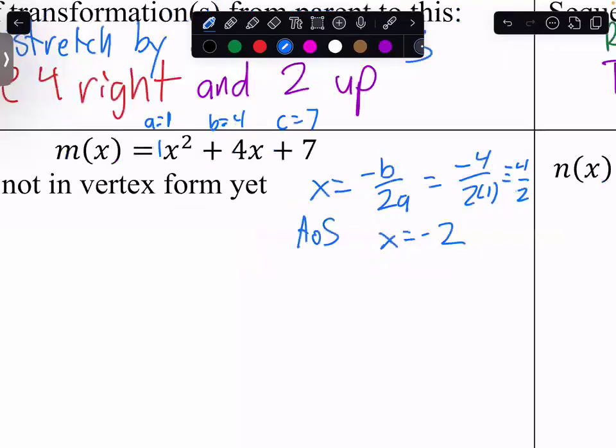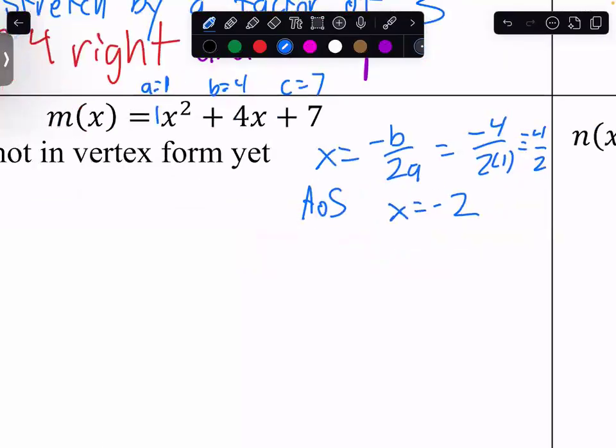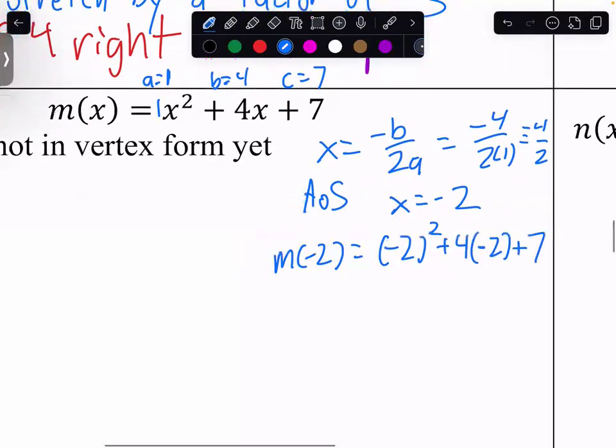And now to get the y value of the vertex, we substitute that x value in here. Okay, so x squared becomes parentheses negative 2 squared. Plus 4x becomes plus 4 times negative 2. And you still have the plus 7 at the end.